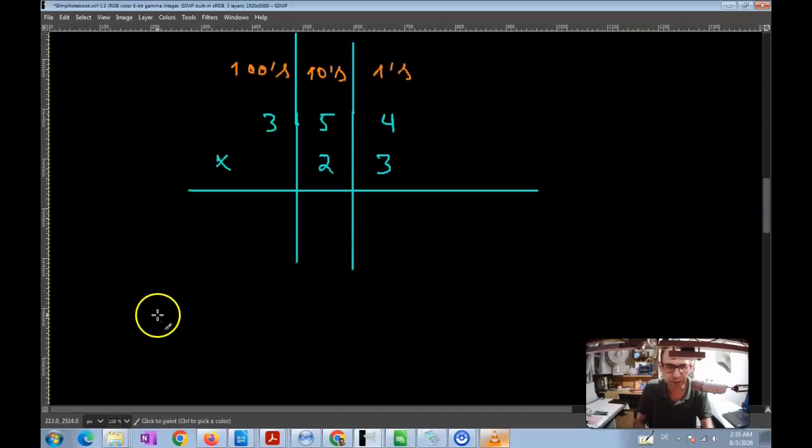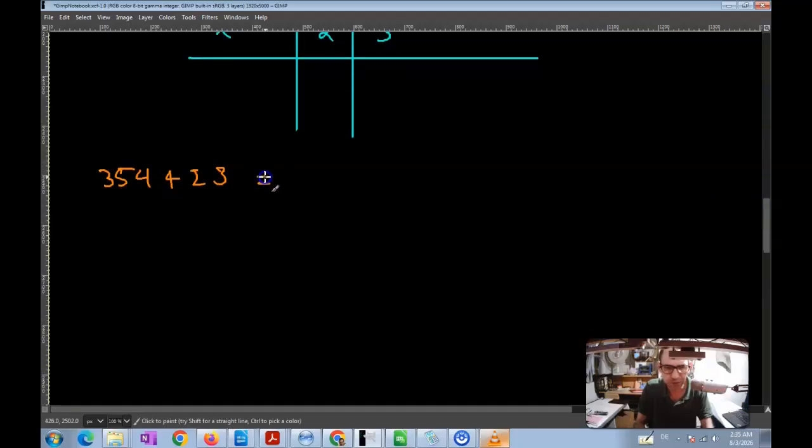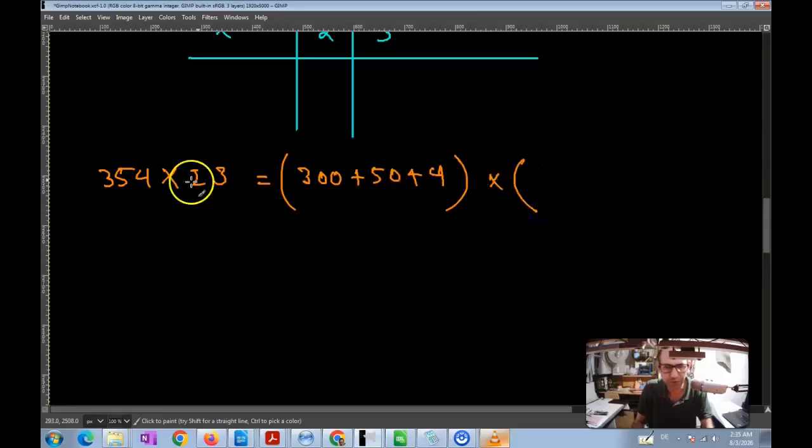I'm going to say that a 354 times a 23 is nothing but a 354, which is a 300 plus a 50 plus a 4, and you want to multiply that by this number, which is a 20 plus a 3, right?